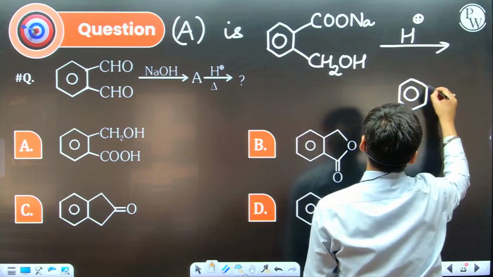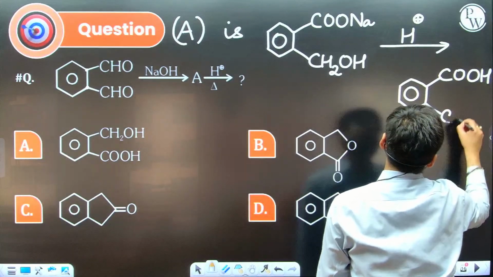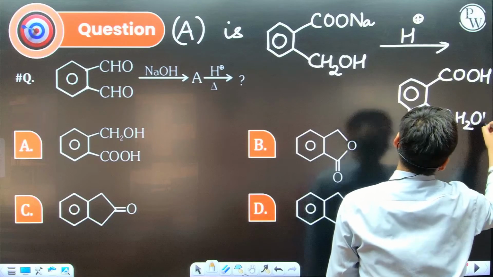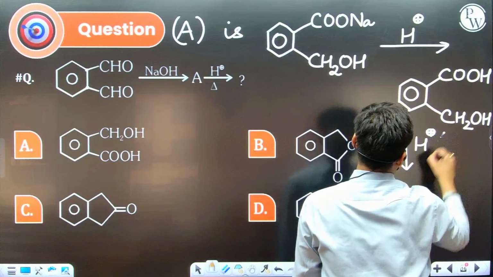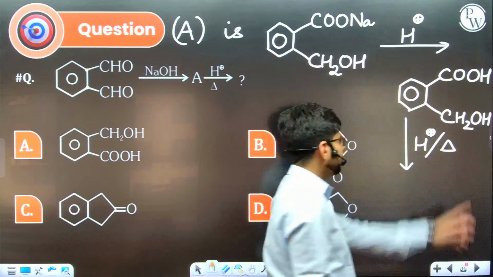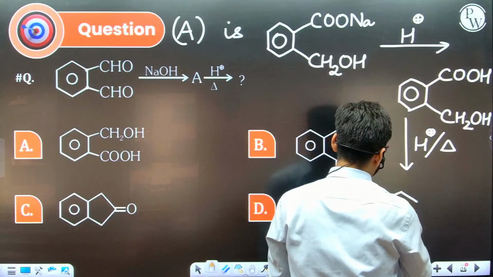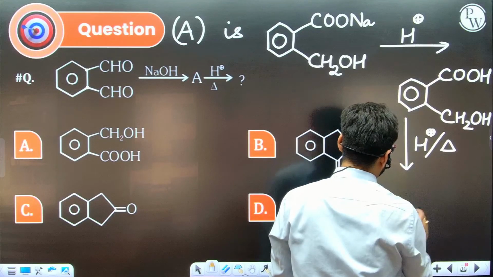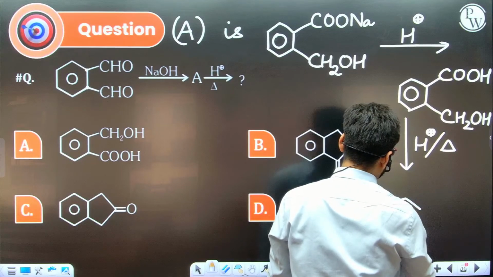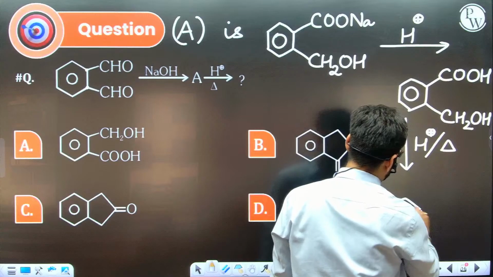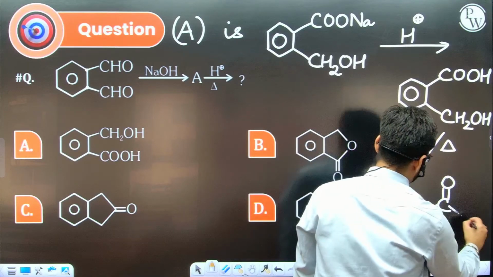COO minus will get converted to COOH. Right. If I perform esterification, that means if I heat this compound with acid, then esterification will take place. Why? Because I have carboxylic acid as well as alcohol. And since both of them are present in the same molecule, this is intramolecular esterification. So this will be the final product.